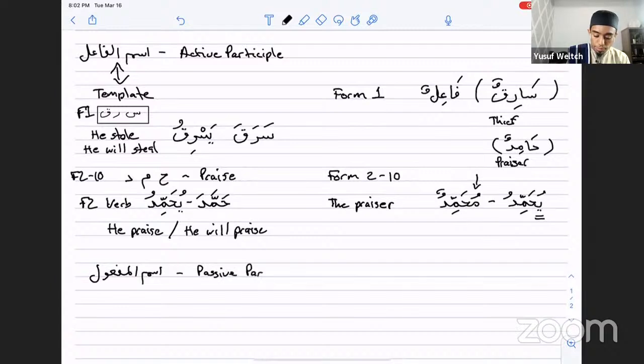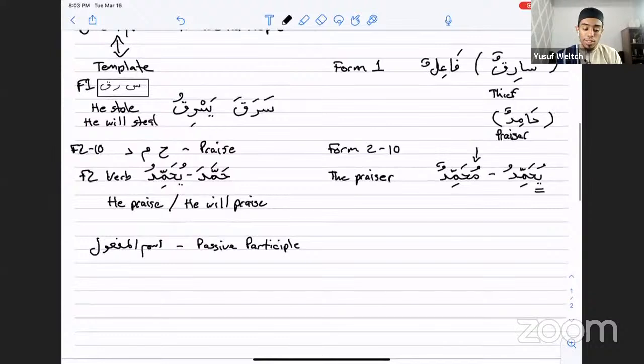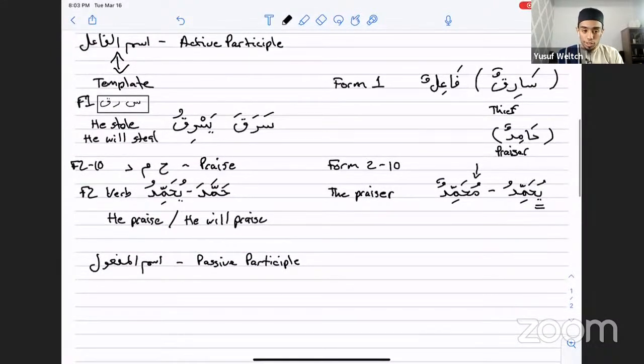So the same idea, it's a noun derived from the root letters of a verb, and it indicates an action and a person, but no tense. Now the action involved here is an action done to the person, not done by the person. So that's why it's called passive. It's also called reflexive, in that the action goes back to the person themselves. So you can say that they're the doee in this situation instead of the doer. They're the victim.